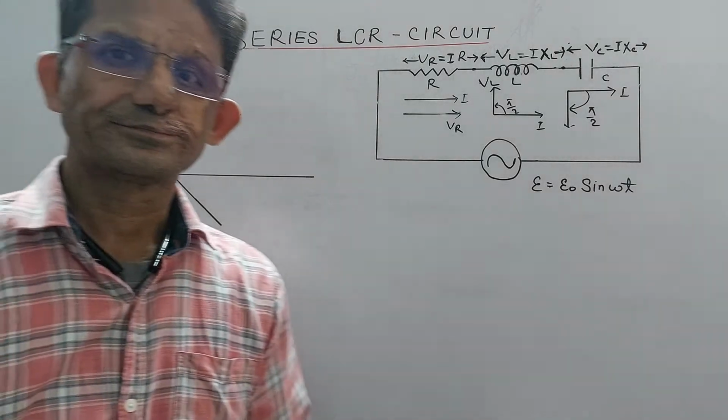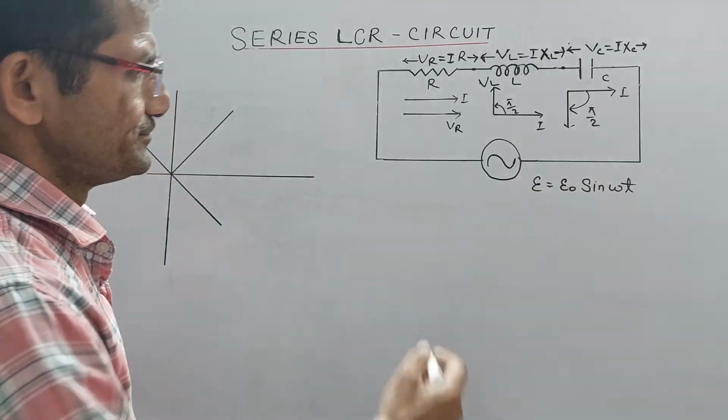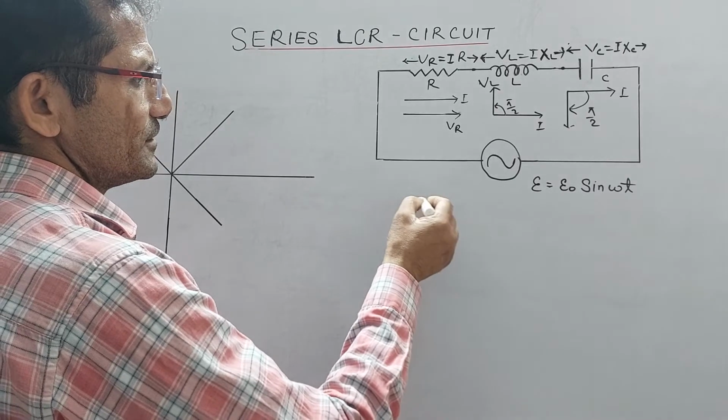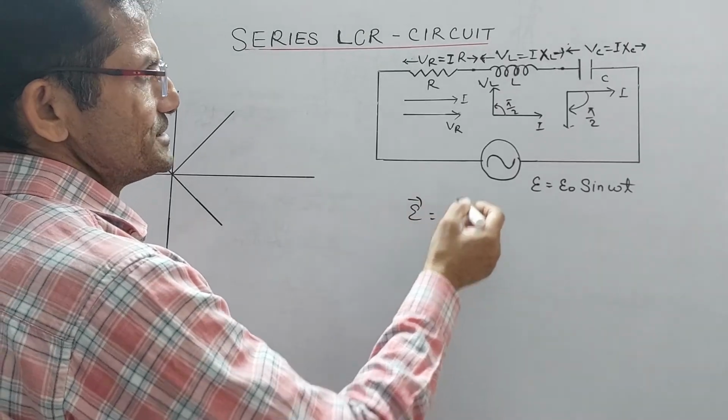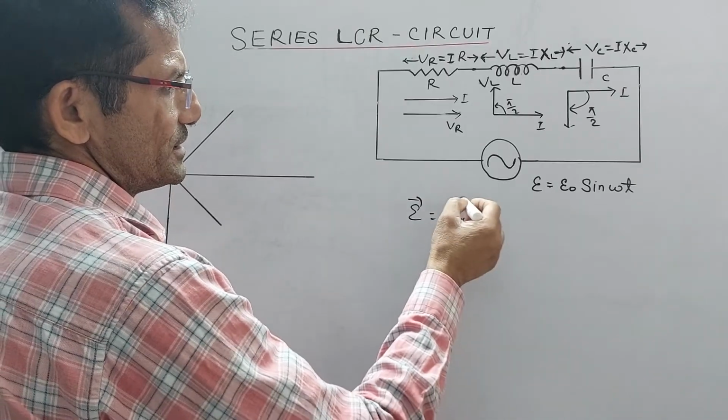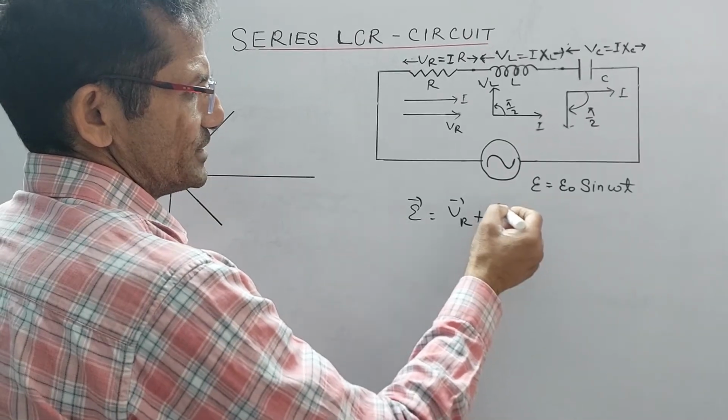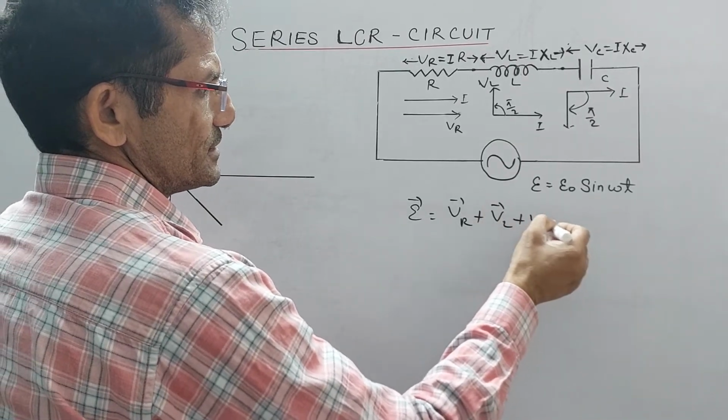Now finding the resultant of the applied voltage, VR plus VL plus VC.